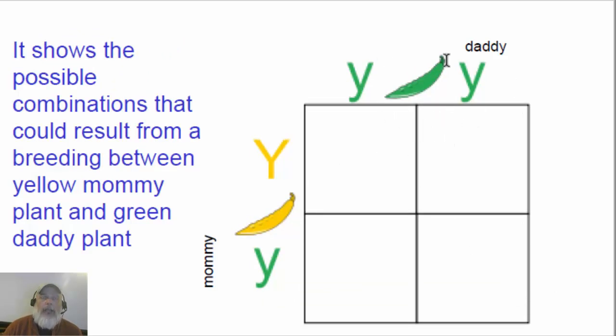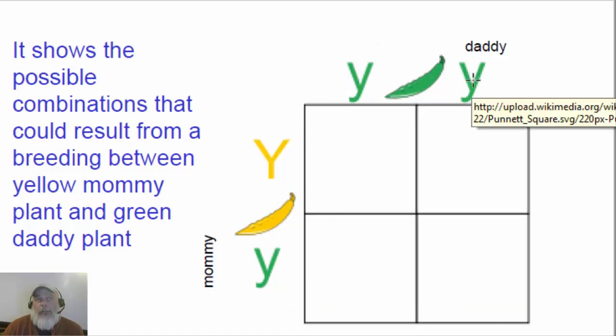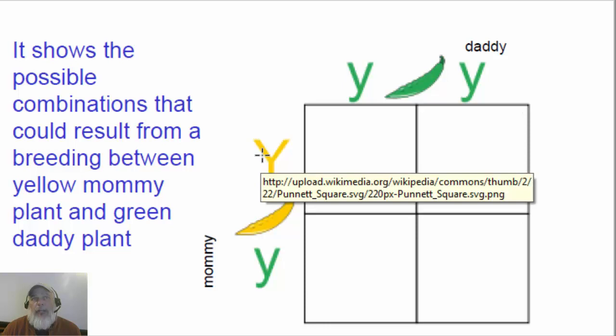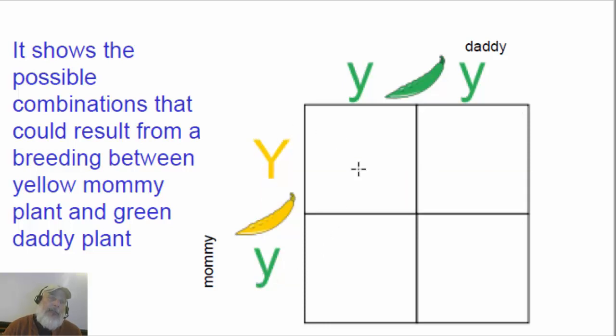So green daddy is recessive. Yellow mommy is dominant, recessive. Daddy is always going to give little y. So it's either going to be green or green, which is green. Mommy can either give yellow or recessive green. So dominant yellow or recessive green. Mommy has a 50% chance of giving this, and a 50% chance of giving this.